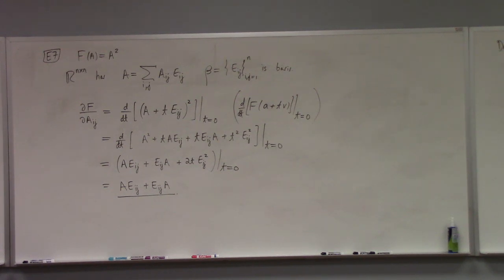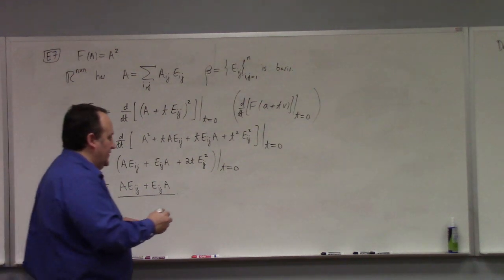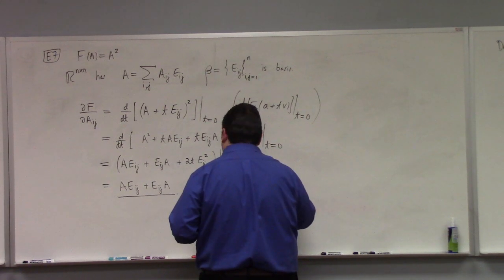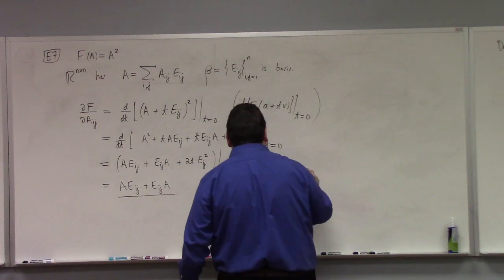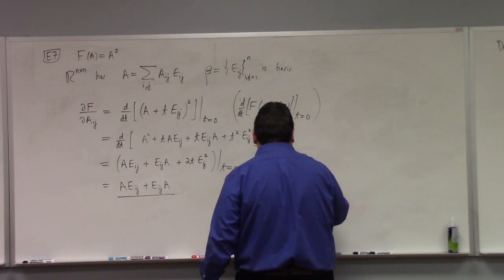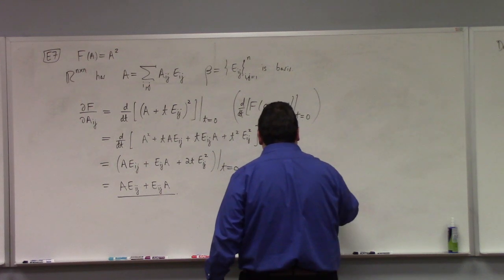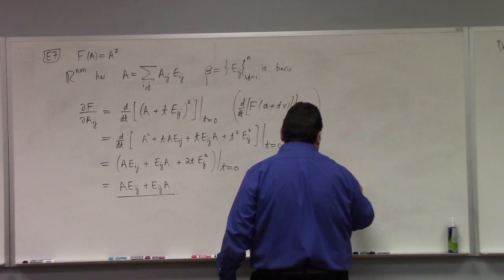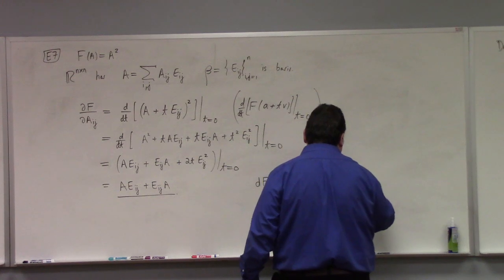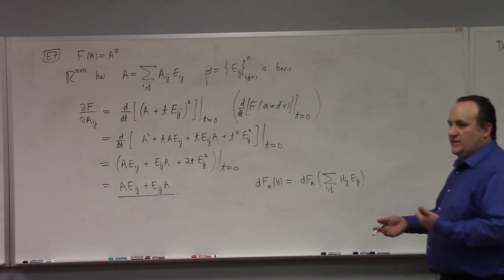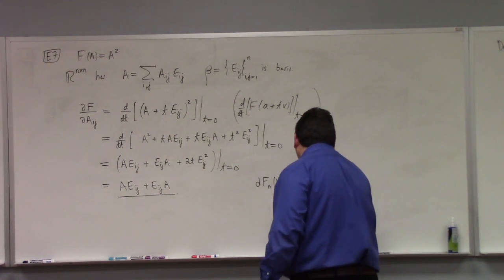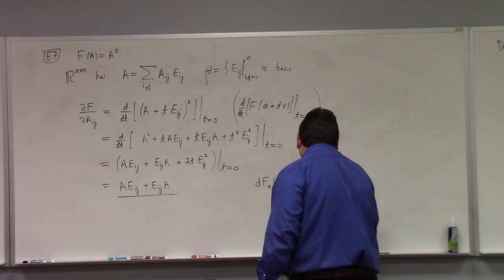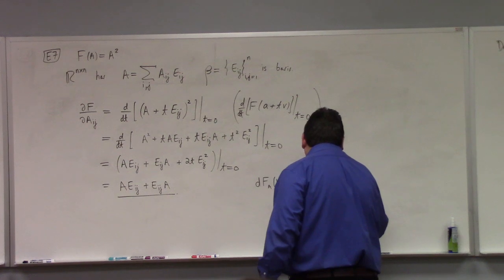Now let's put it together. The differential of f at A, at H, is equal to the differential at A of the sum over ij of h_ij E_ij. Any matrix can be expanded in the matrix basis, but the differential is linear, so I can pull that out: the sum over ij of h_ij df_A of E_ij.